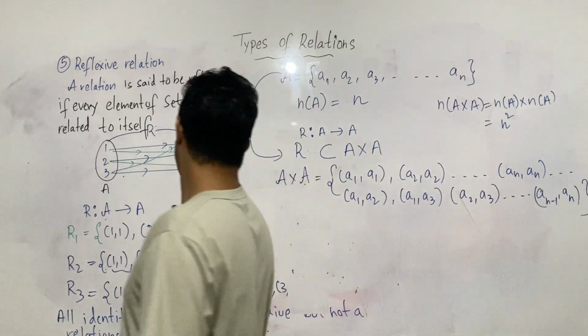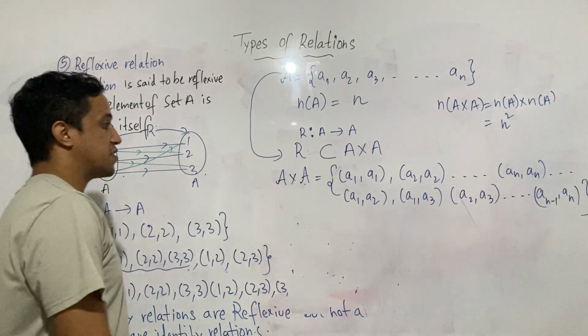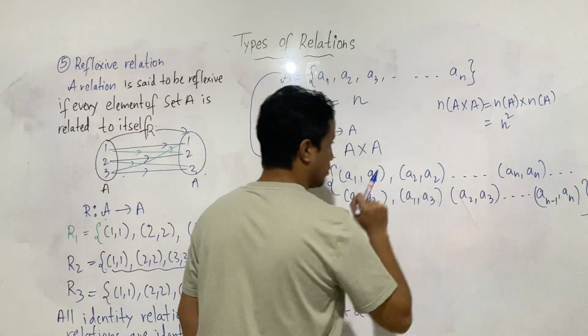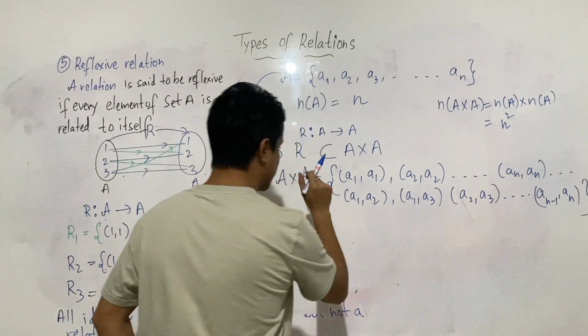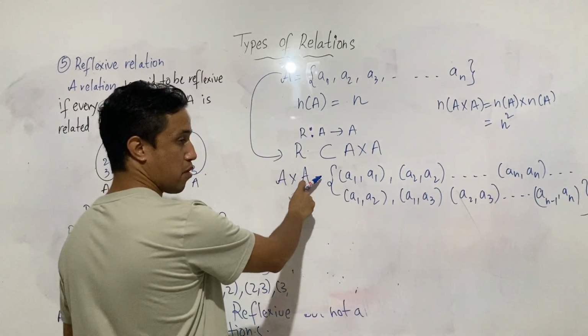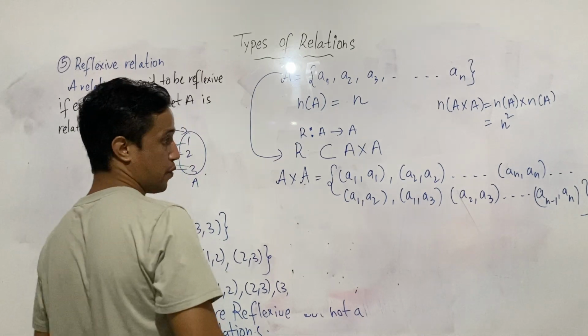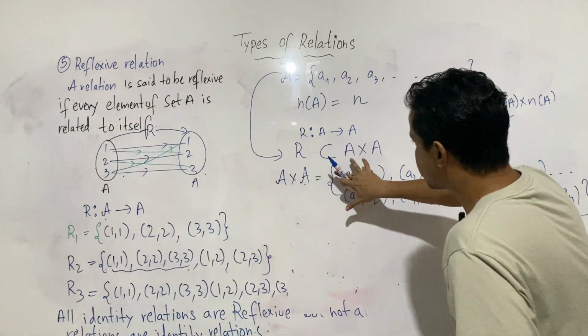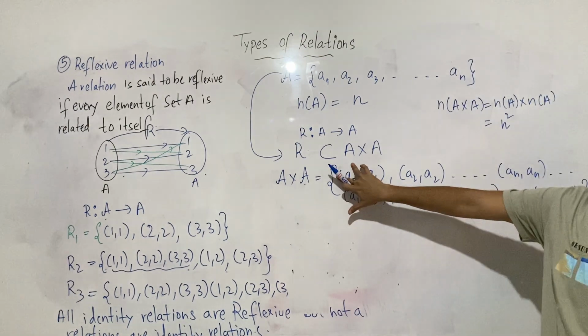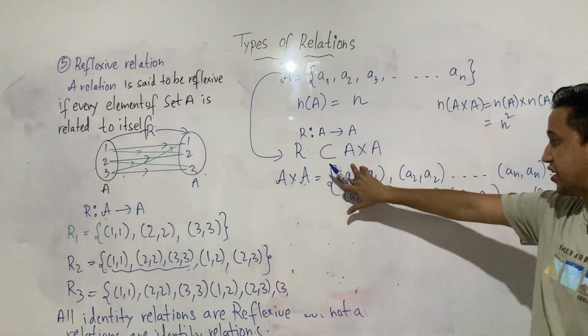It means that n square elements are going to be in this A Cartesian product A.